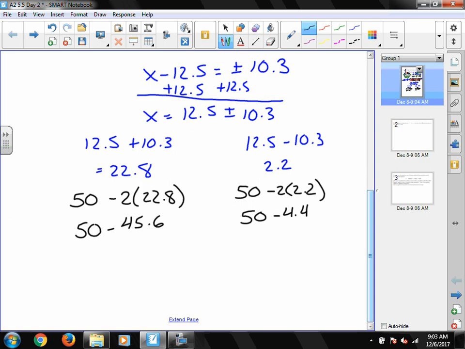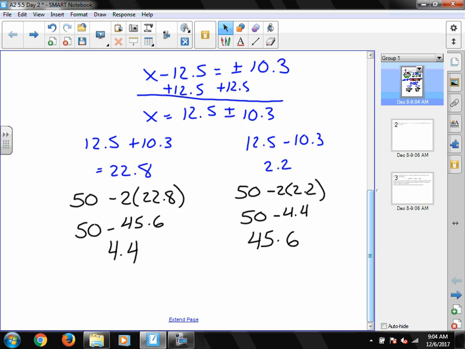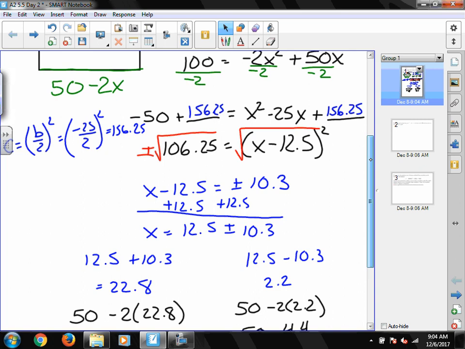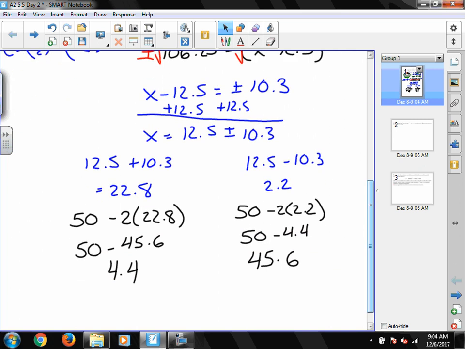This side, 50 minus 45.6 is going to give me 4.4 feet, and 50 minus 4.4 is going to leave me with 45.6. The problem here is that I have 45.6.